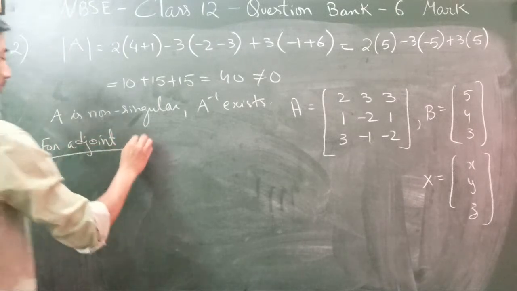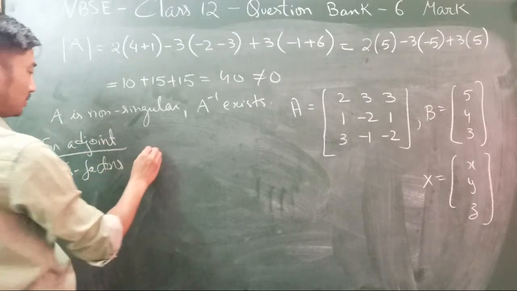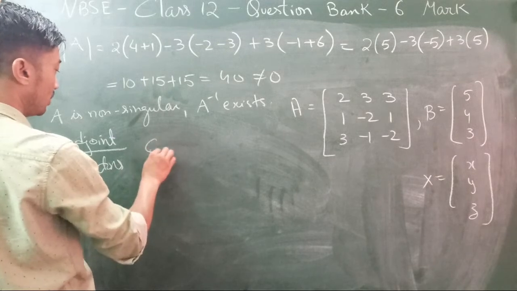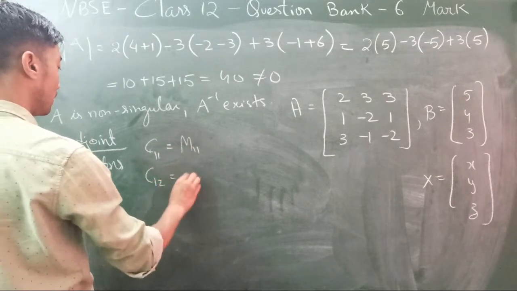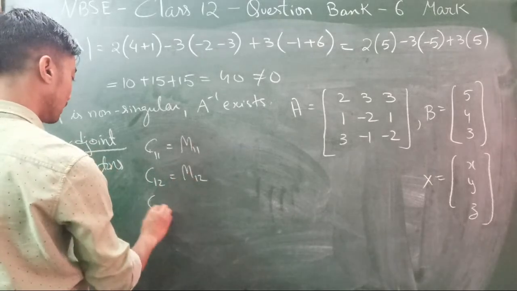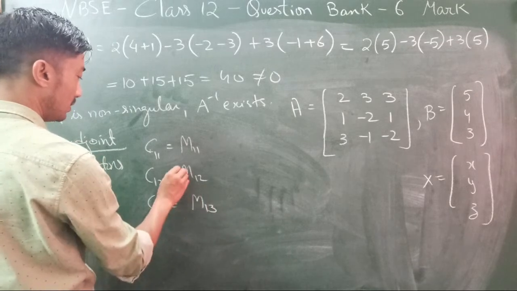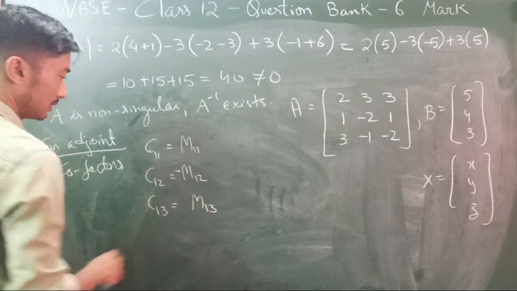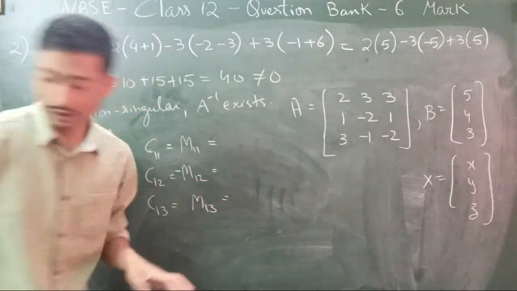So for the adjoint, let's start with the cofactors. So C11 as mentioned M11, C12 as mentioned M12, C13 as mentioned M13. Slight change, negative values. Alright, so these values I have already calculated in advance.